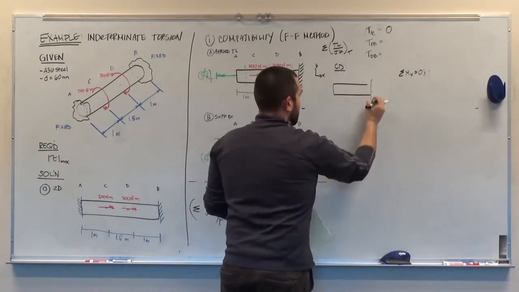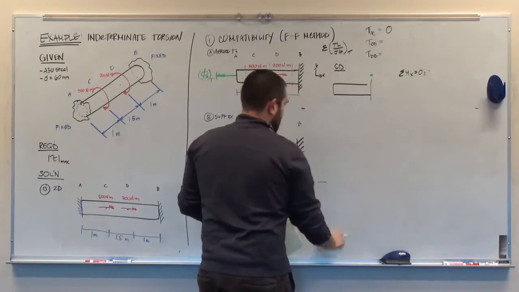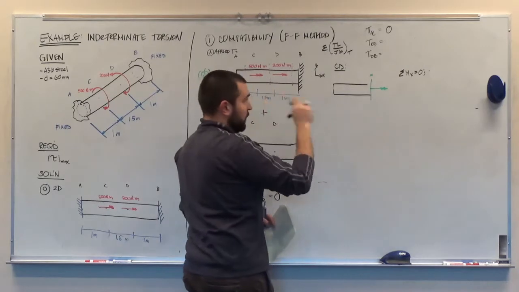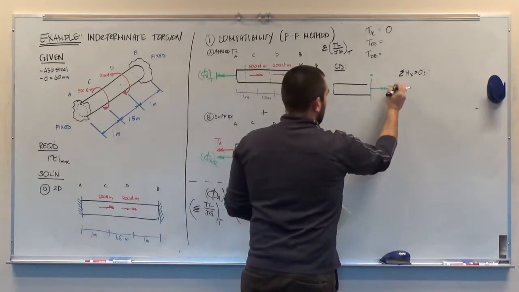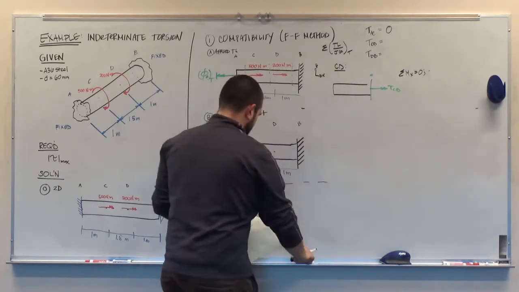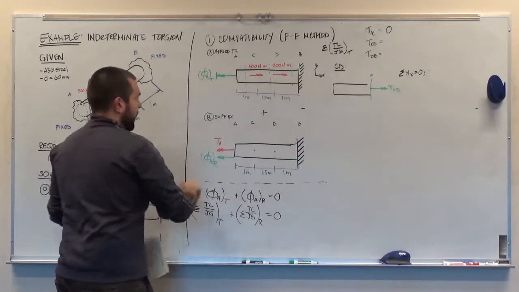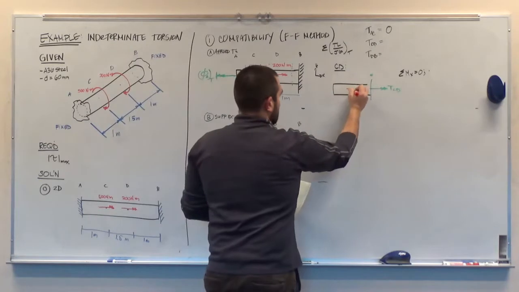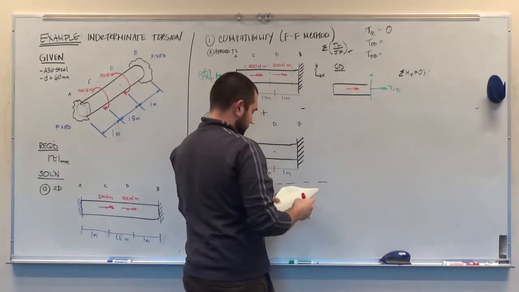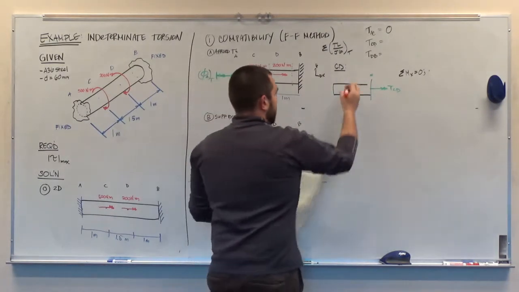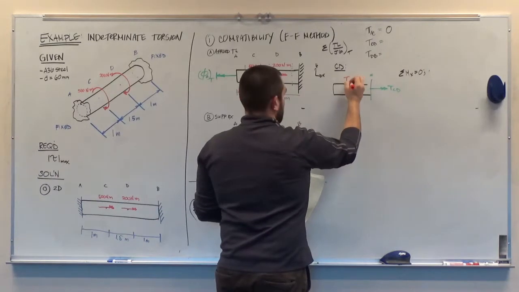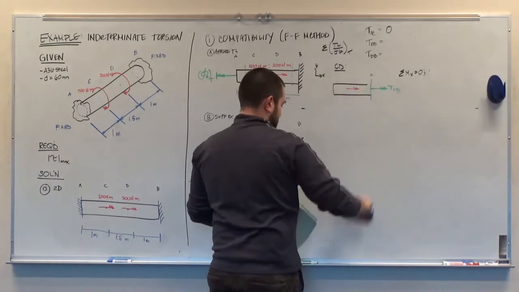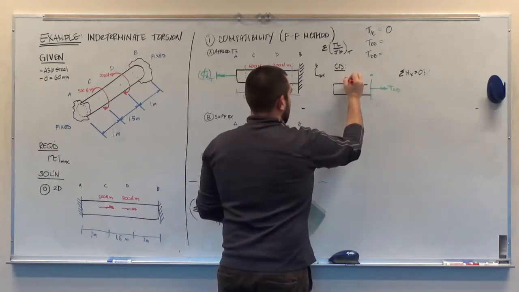We have our section cut here between C and D. We're going to have our internal torque, which we always draw away from the section cut, and that's going to be the torque between C and D. And now we actually have an externally applied torque here, which is 500 Newton meters. That is pointed to the right. Okay, so we have the torque, we have the 500 Newton meters of torque externally applied.